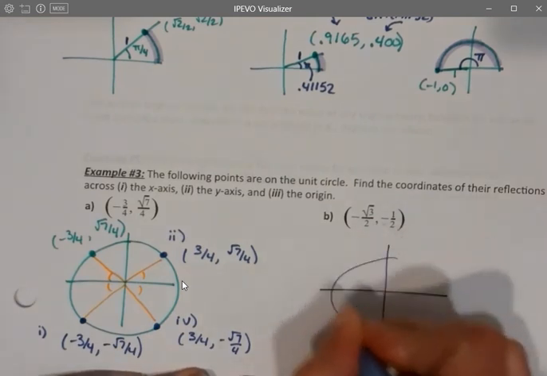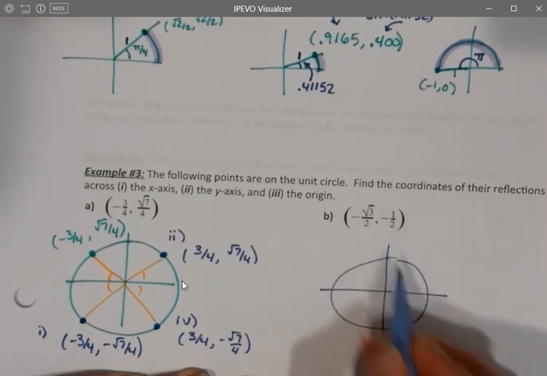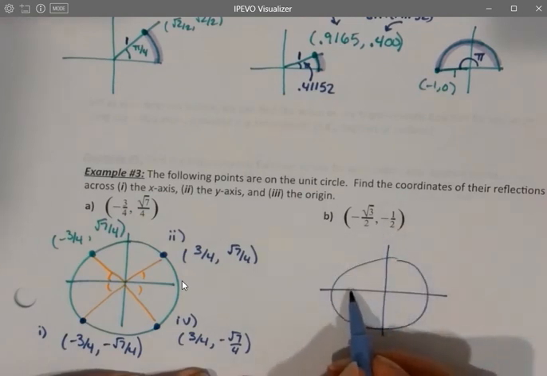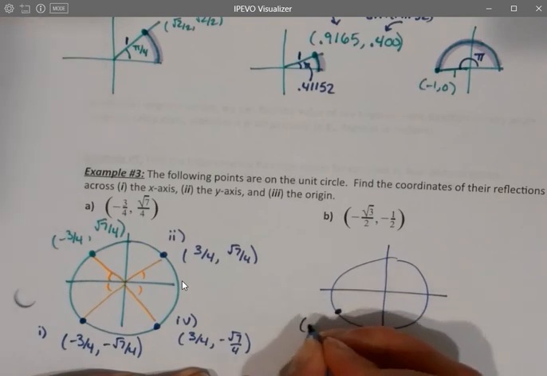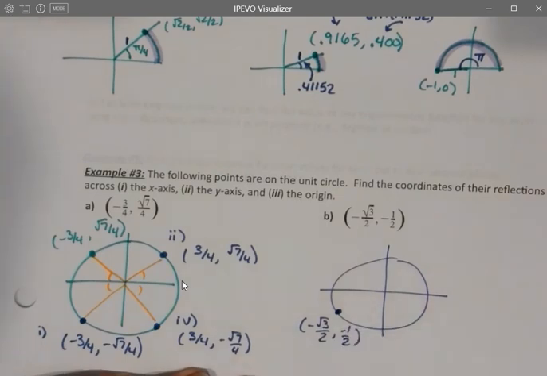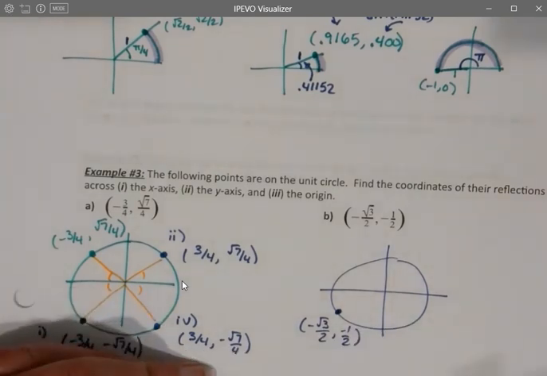All right, this ordered pair, negative square root of 3 over 2, comma, -1/2. So that's going to put us right here-ish. So the original point, negative square root of 3 over 2, comma, -1/2, and then the 3 reflections.